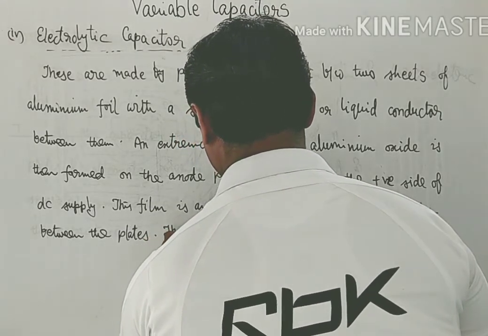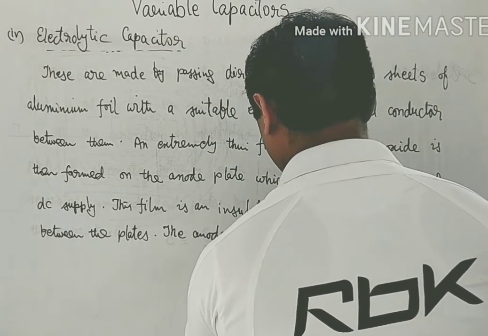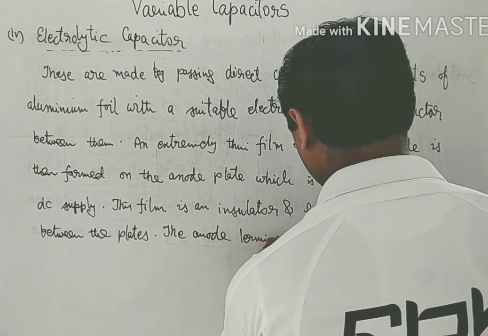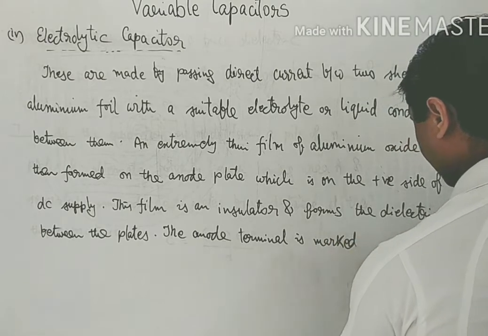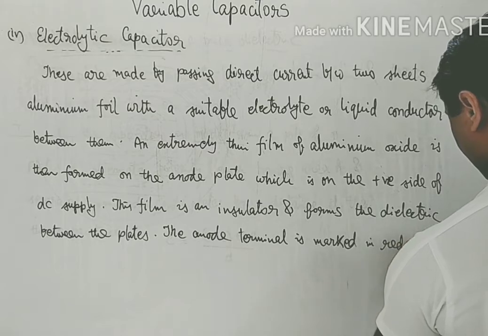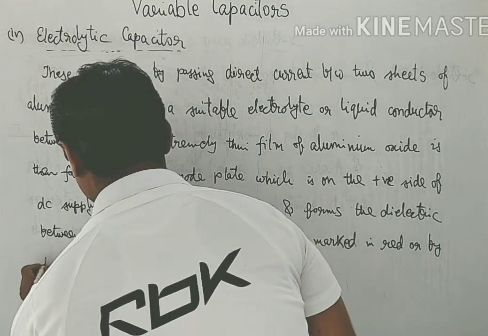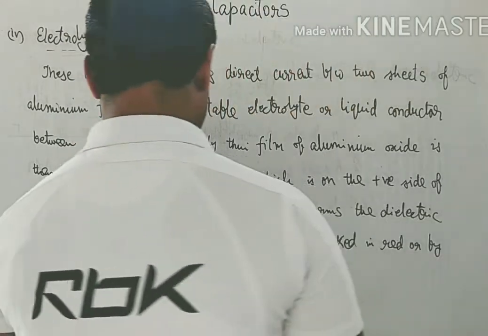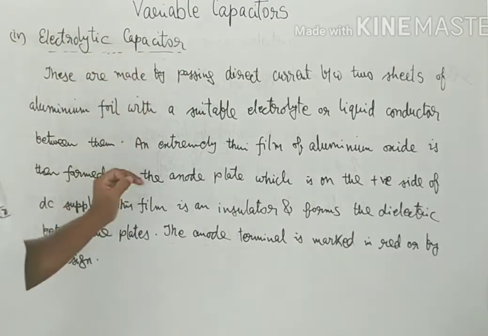The anode terminal is marked in red or by a positive sign. So this is about the electrolytic capacitor.